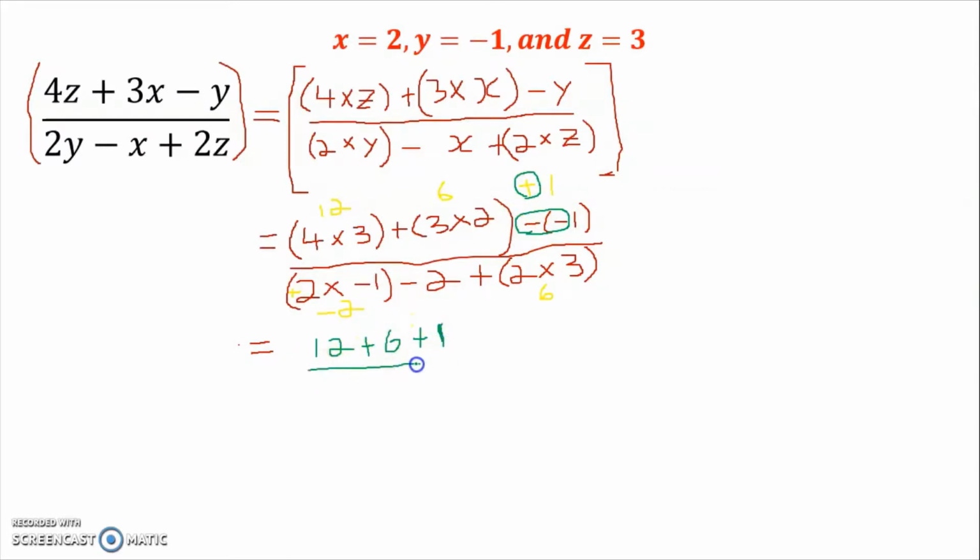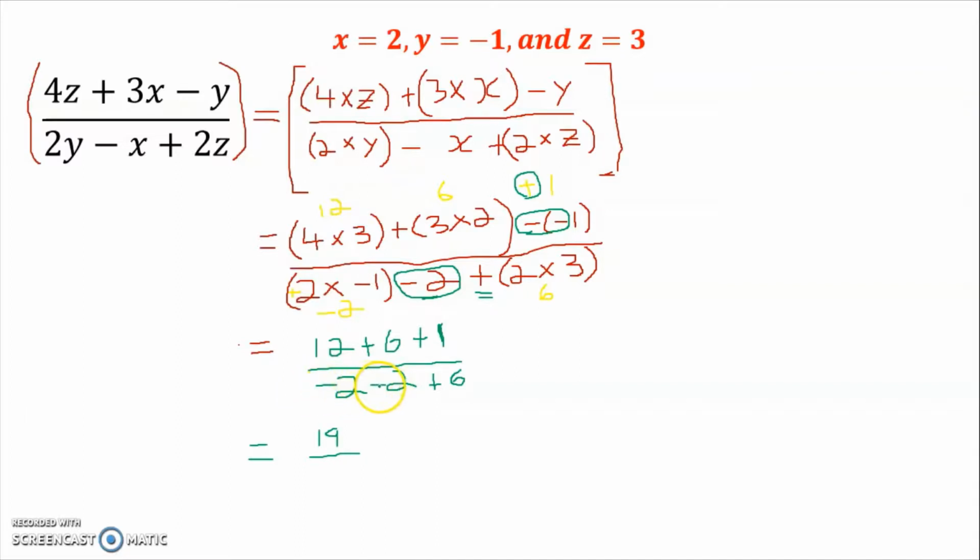Then all this divided by negative 2 minus 2, plus, we bring down the plus sign, and then 6, because 2 times 3 is 6, so plus 6. From that we get 12 plus 6, that is 18, and 18 plus 1 is 19. So we get 19 over negative 2 minus 2.